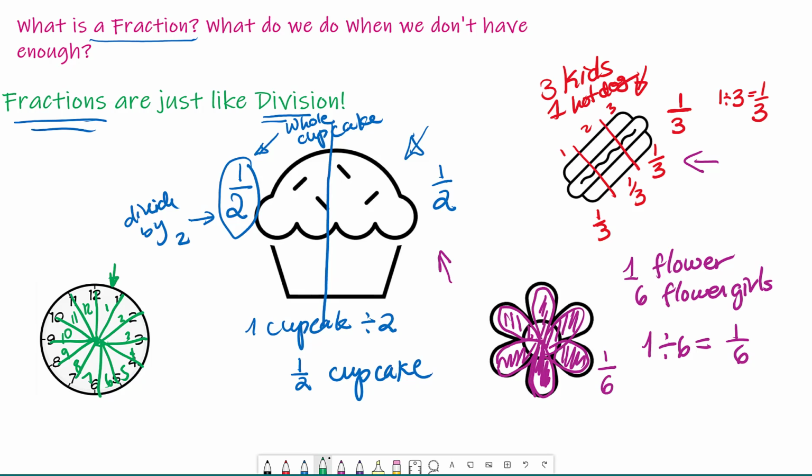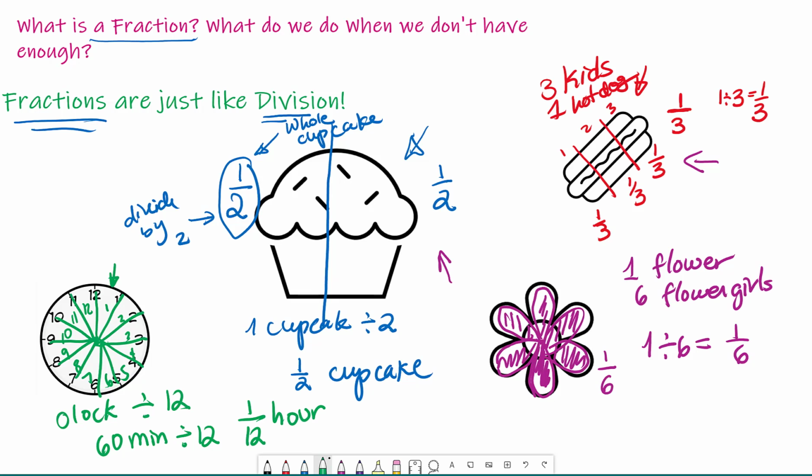Each slice is just 5 minutes. What we've done is we've taken a clock and divided it into 12. Or we've taken 60 minutes and divided it into 12. And that will give us 1/12 of an hour.